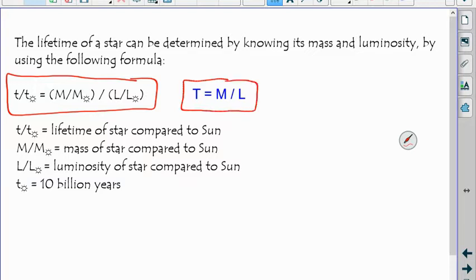The way it's written out, it says the lifetime of the star compared to the lifetime of the sun is equal to the mass of the star compared to the mass of the sun, divided by the luminosity of the star compared to the luminosity of the sun, which sounds like a lot of work, but it all boils down to the lifetime is equal to the mass divided by the luminosity. So you kind of simplify it in that manner. I'll come back to this in a minute, but these just represent your ratio.